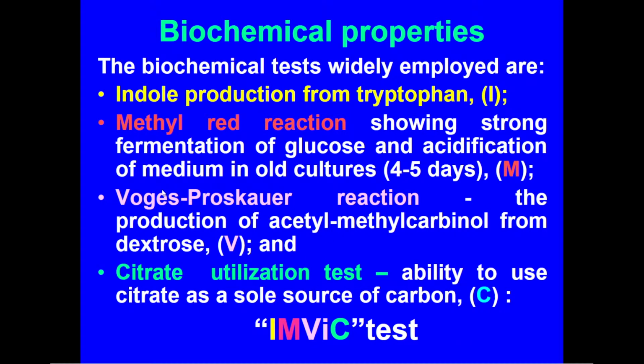V stands for Voges-Proskauer reaction, the production of acetyl methylcarbinol from dextrose. Not all Enterobacteriaceae may do this, so we may have positive and negative. The last one is C, the citrate utilization test, the ability of a microbe to use citrate as a sole source of carbon.